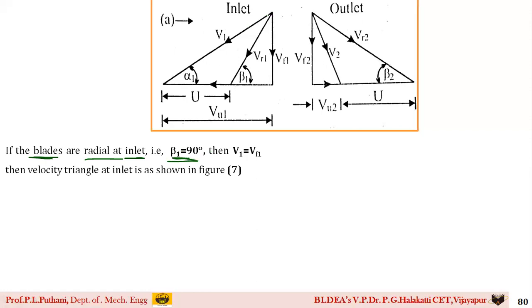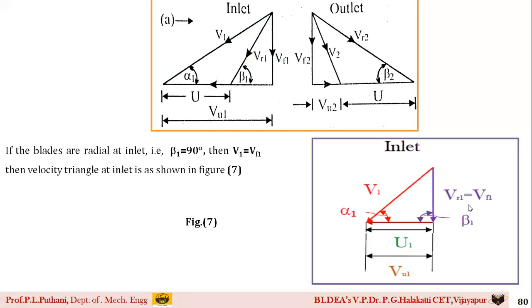This is my inlet velocity triangle, and beta 1 has some value, but now he says beta 1 equal to 90 degrees, which means the relative velocity overlaps on the flow velocity. How will the sketch look?